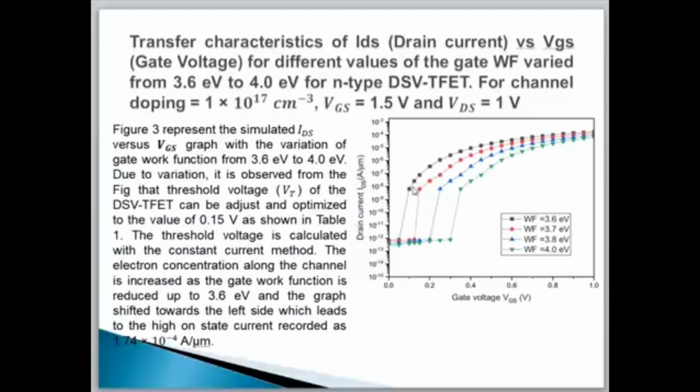The gate voltage corresponding to that current is equal to the threshold voltage. To find the threshold voltage using the constant current method, the gate voltage corresponding to that current 10 raised to power minus 7, at that point, that point, that point and that point, shows the threshold voltage of the device.